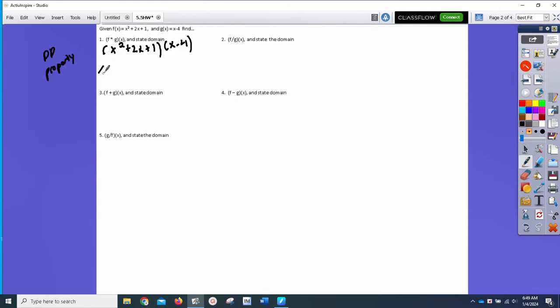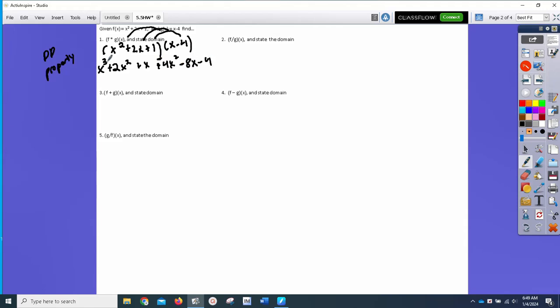All right, we'll get x cubed plus 2x squared plus x. And then I'm going to 4 all three pieces. I'm actually working right to left. So plus 4x squared, plus, sorry, not plus, minus 8x, and then minus 4.